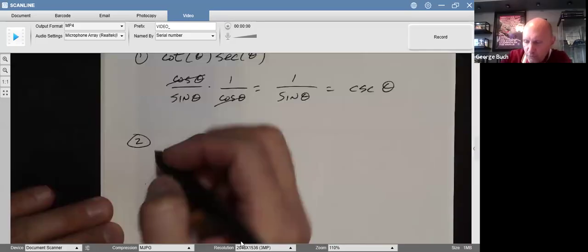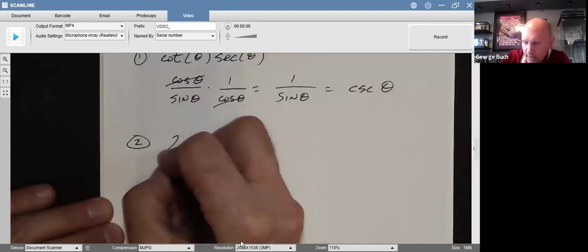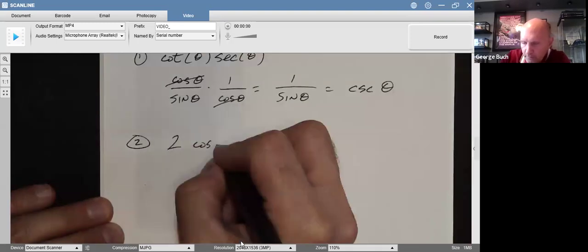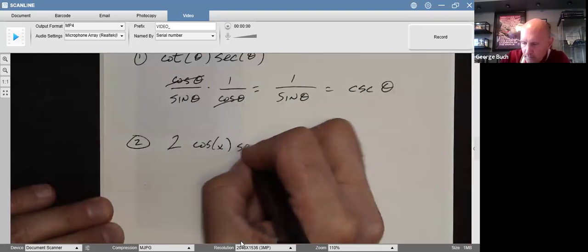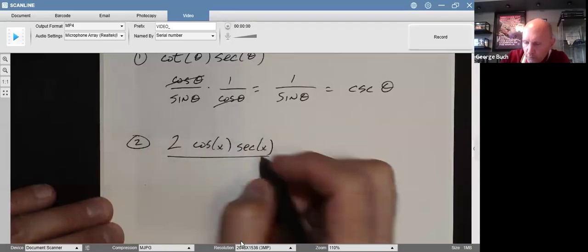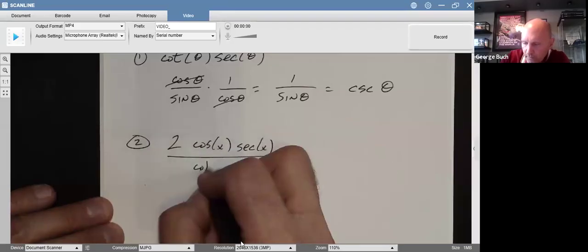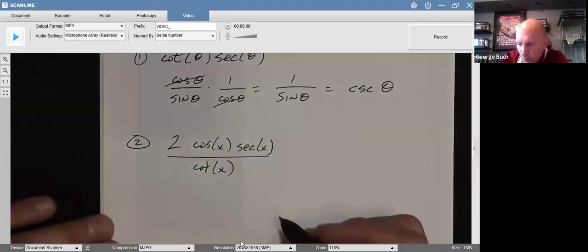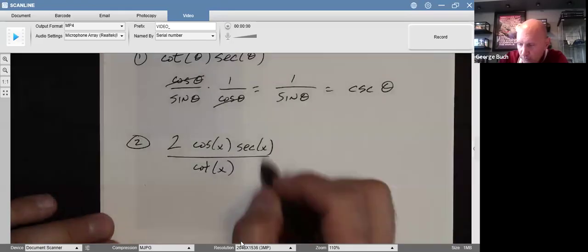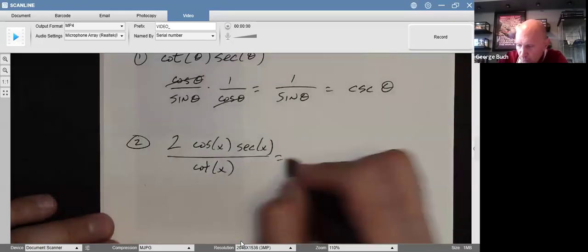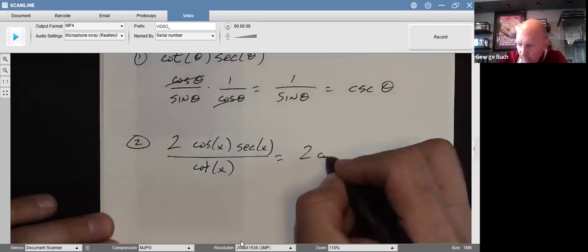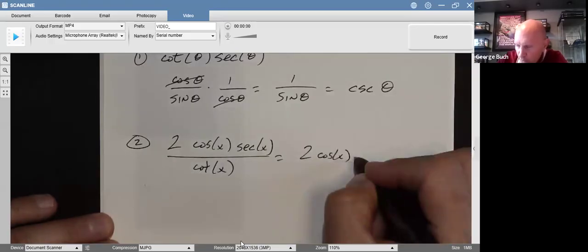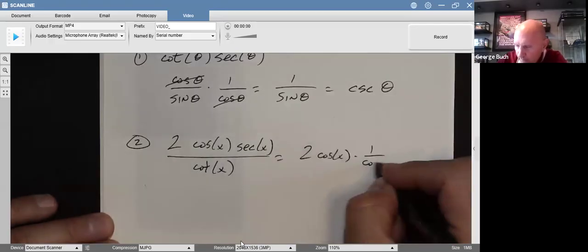What if I have 2 cosine of x, secant of x, all over cotangent of x? All right, well, again, one term, not all sine and cosine. So I have 2 cosine of x times secant, which is 1 over cosine of x.